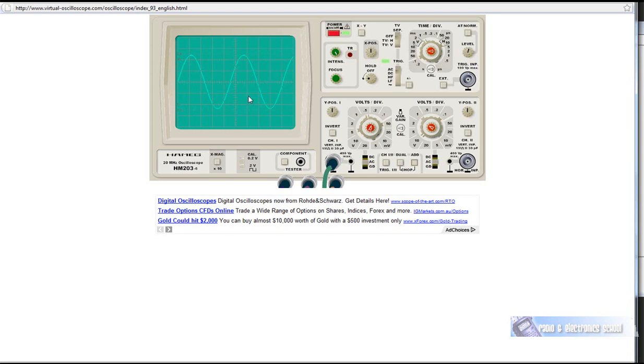So we need a way of comparing AC voltage with DC voltage. We need a way of knowing how much heat or how much work AC voltage will do in comparison to DC voltage. That value is called the RMS value of the sine wave.